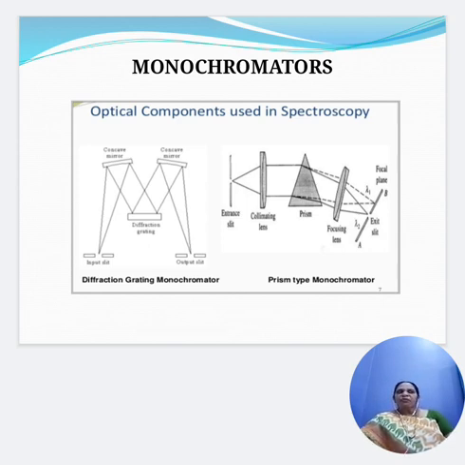The monochromators, we have two types, as I told you. We have the prism type of monochromator and the diffraction grating type of monochromator.